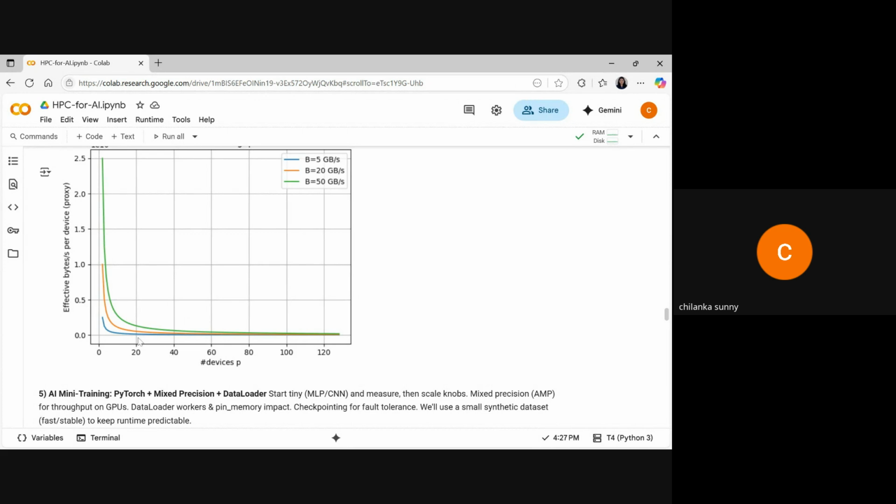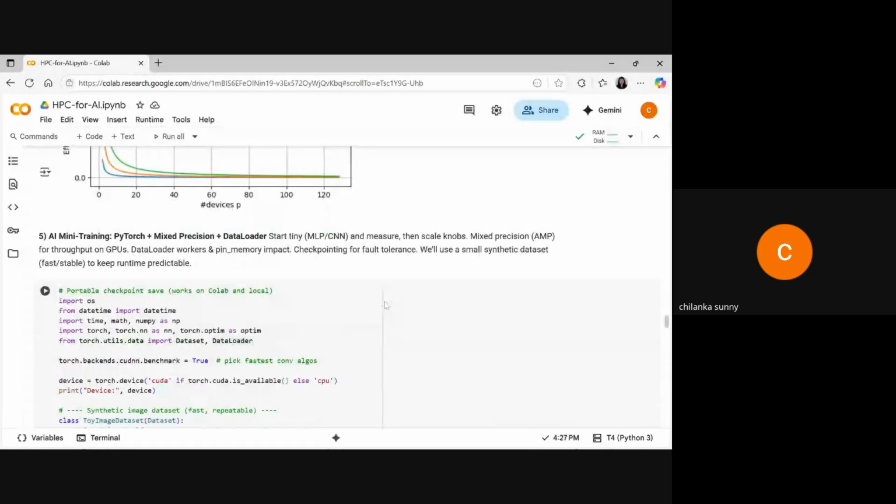Here even the bandwidth doesn't matter, because as we increase more devices, the data that needs to be sent in between is split into smaller and smaller chunks, and there is a basic bytes per second that each device will incur, however small the chunks we finally attain. So here even the bandwidth of the link doesn't help us. So that's what we see in this communication overhead.